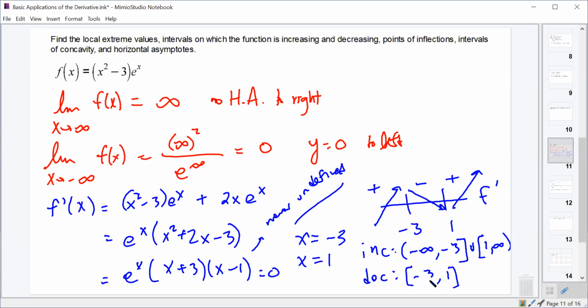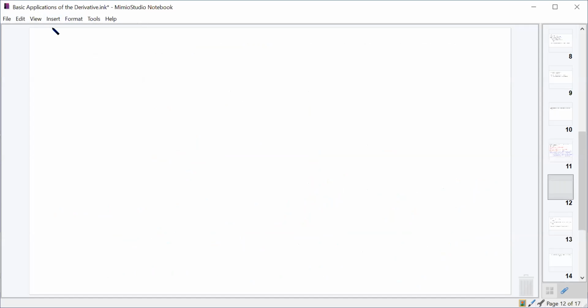All right, then we want to find out what our local max and our local min are. So we'll have to figure out what f of negative 3 is and what f of 1 is. So f of negative 3, we plug in negative 3 to our original function, which was what? x squared minus 3 times e to the x.